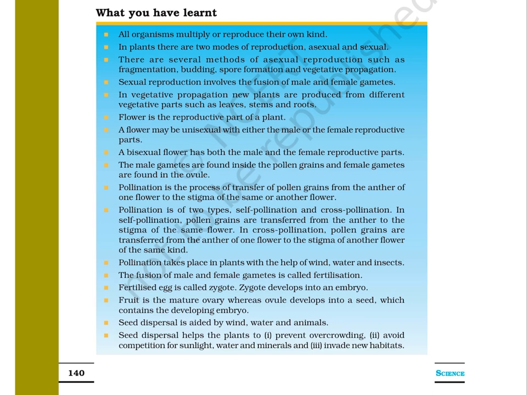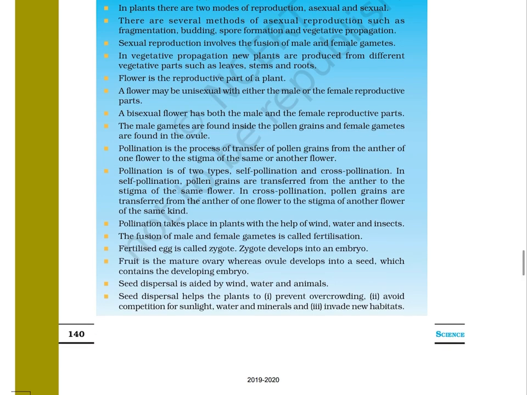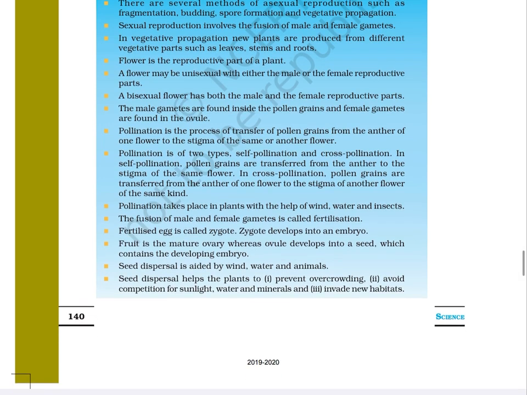10. Pollination is the process of transfer of pollen grains from the anther of one flower to the stigma of the same or another flower. 11. Pollination is of two types, self-pollination and cross-pollination. In self-pollination, pollen grains are transferred from the anther to the stigma of the same flower.